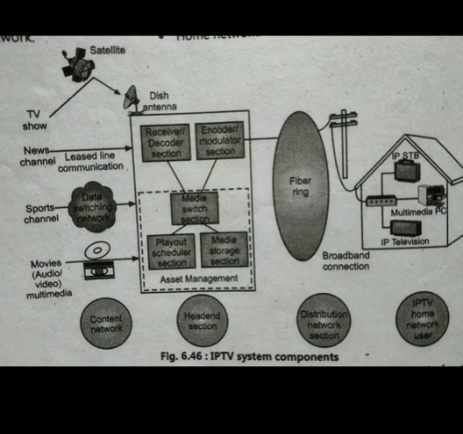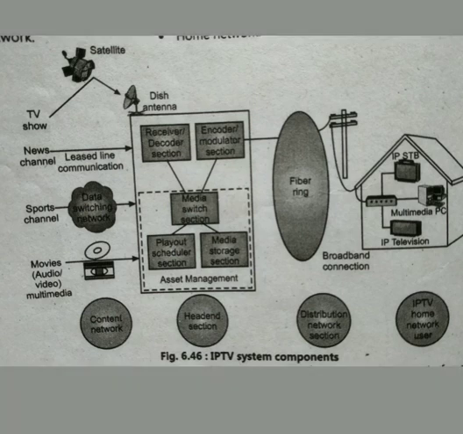All this information is gathered by the switching section and given to the encoder section for further processing. After that, this switch section transfers that particular video into the distribution network.